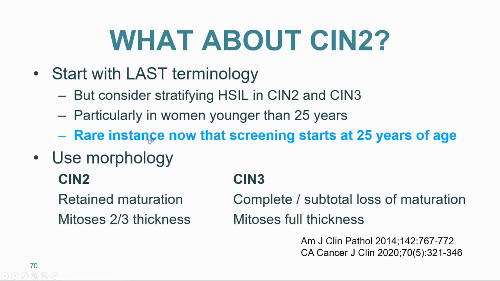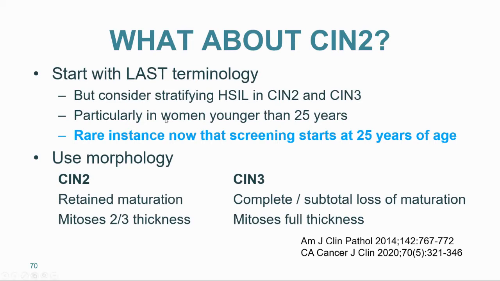However, and for those reasons, we should start with the recommendations for terminology, stratifying lesions as LSIL or HSIL. However, there are certain clinical situations, as I just mentioned, in which mentioning whether an HSIL lesion is CIN2 or CIN3 may matter for treatment and follow-up purposes.